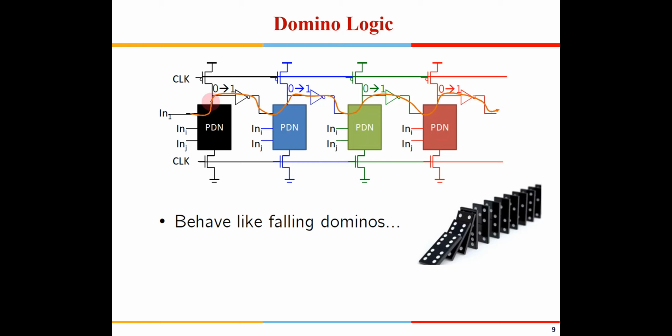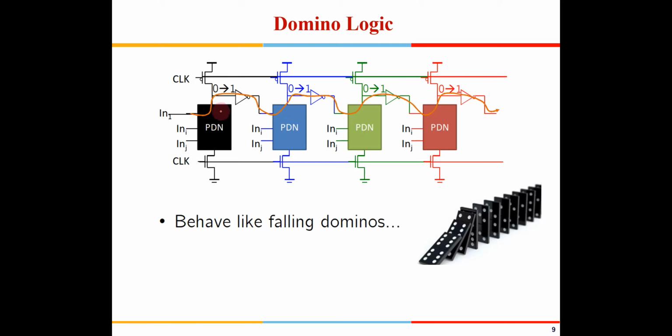Now when this goes to 1, and this node goes to 0, then this becomes 1 here, and that will pull down this node to 0, then this will become 1 here, that will pull down it to 0. So the moment the evaluation signal comes, if you have a chain of inverters like this, the nodes will propagate like this, 0 1 0 0 1.